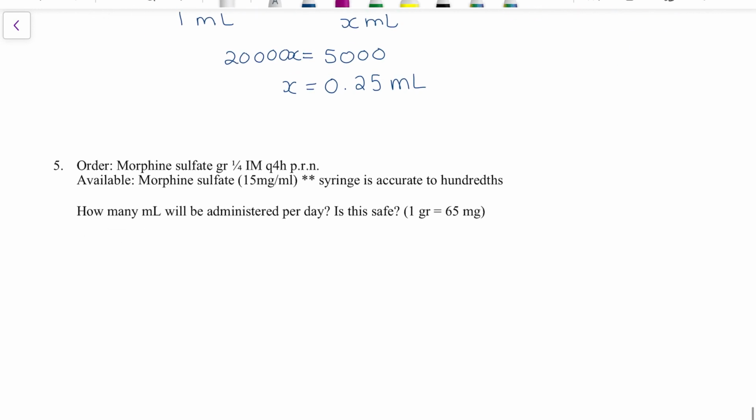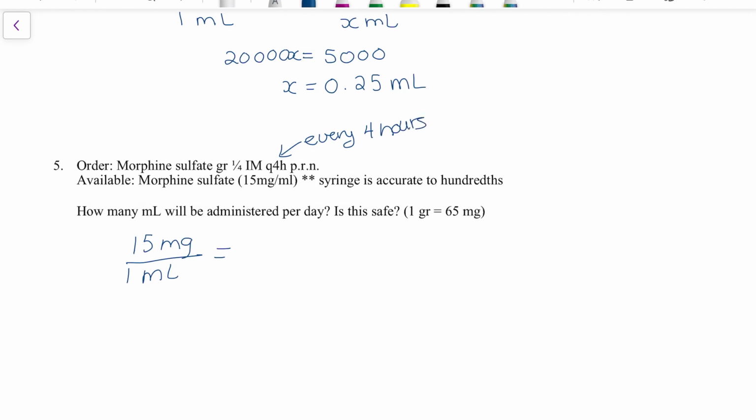Let's look at question 5 here. So available to us is 15 milligrams per 1 milliliter, and ordered is a quarter grain IM every 4 hours and as needed.